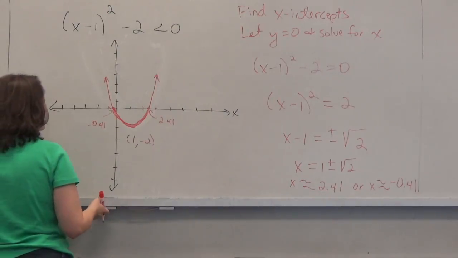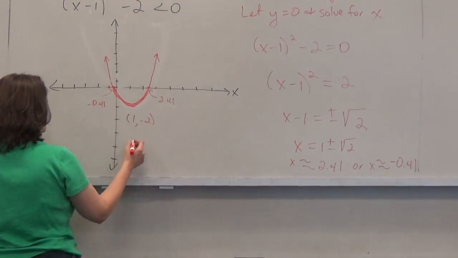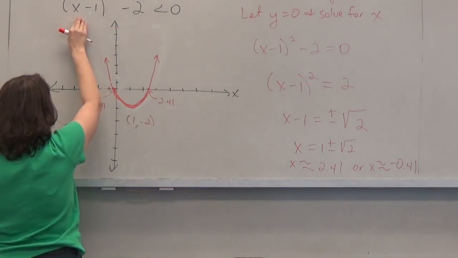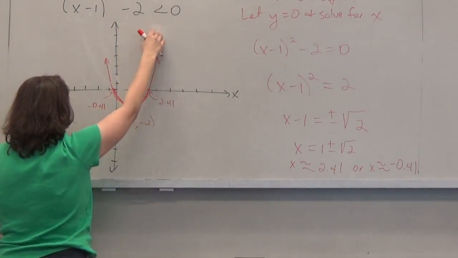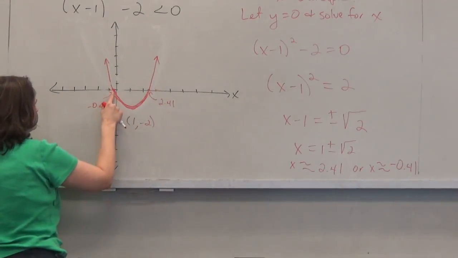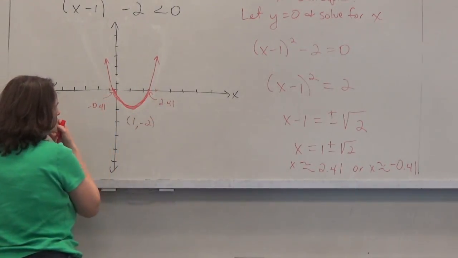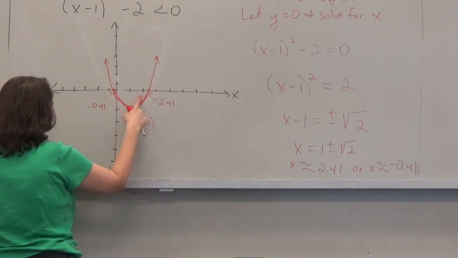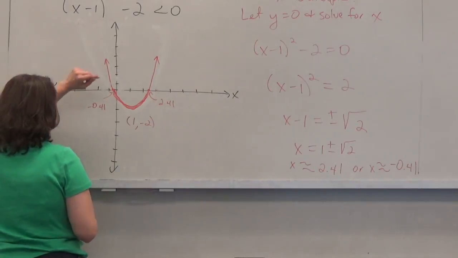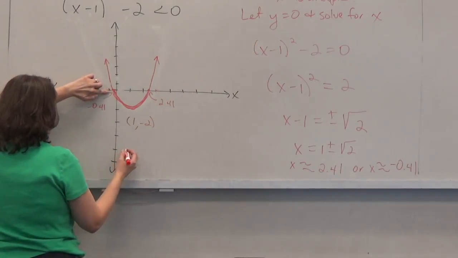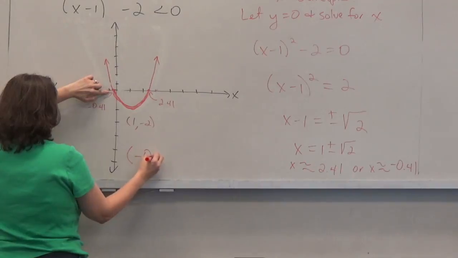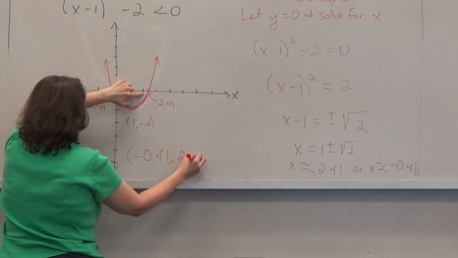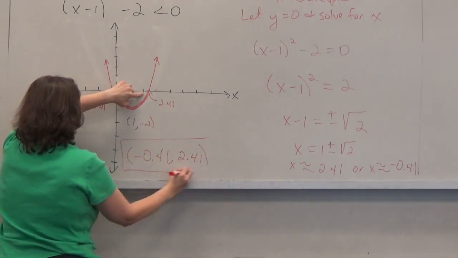My solution is that this function is less than 0 on the interval from negative 0.41 to positive 2.41. I'm giving the x values for when this function dips below the x-axis, so it's all the x values from negative 0.41 comma to positive 2.41, and that is my answer.